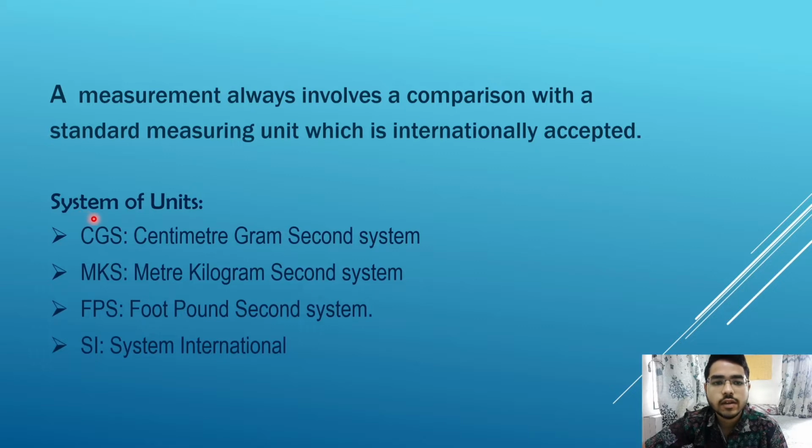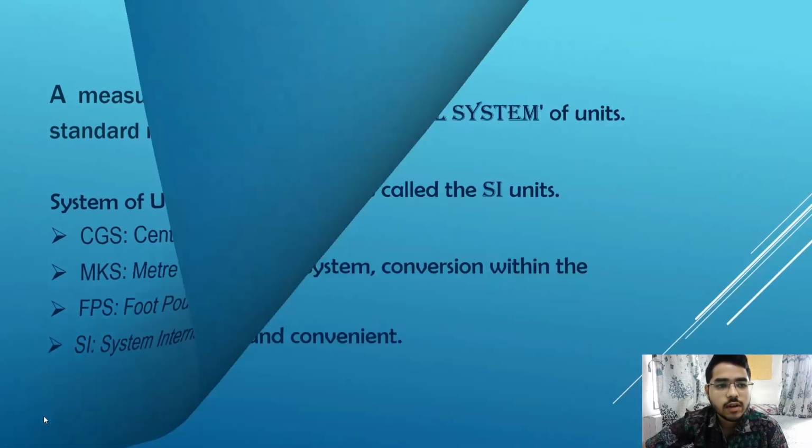We can easily accept that. So for that, four major unit systems are used: CGS, centimeter gram second system; MKS, meter kilogram second system; FPS, foot pound second system; and SI, the international system. This SI unit is largely used internationally. So now turning to the next slide.